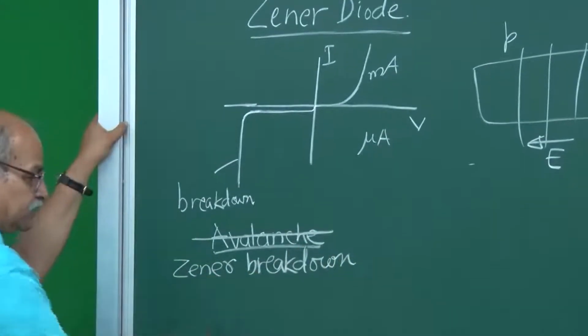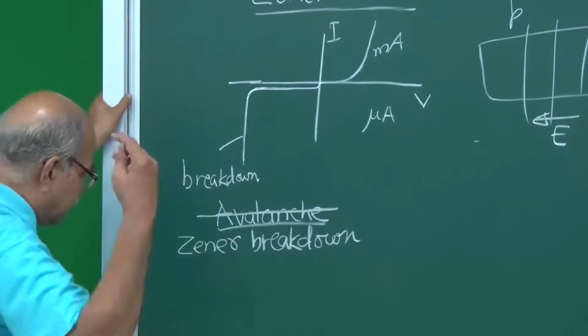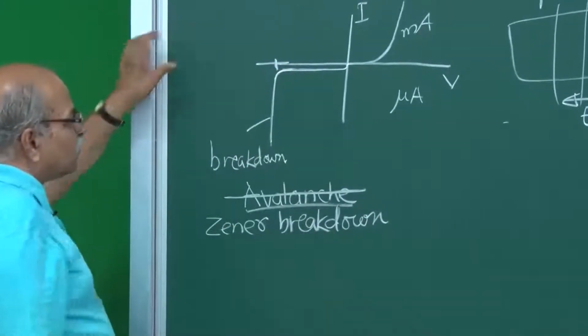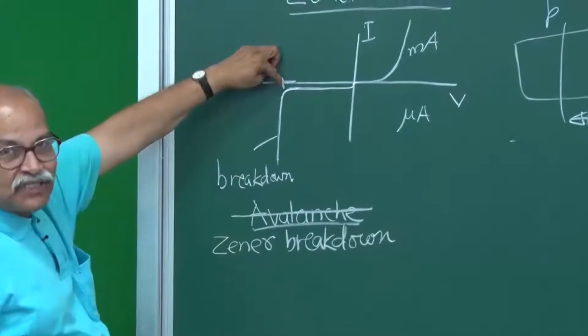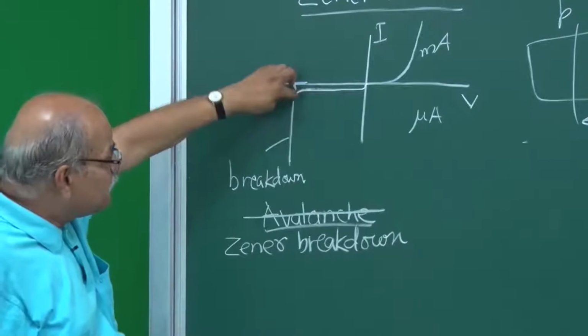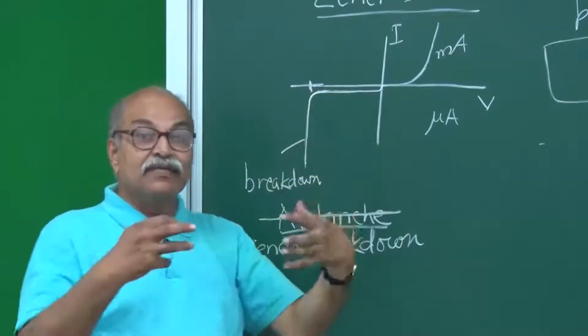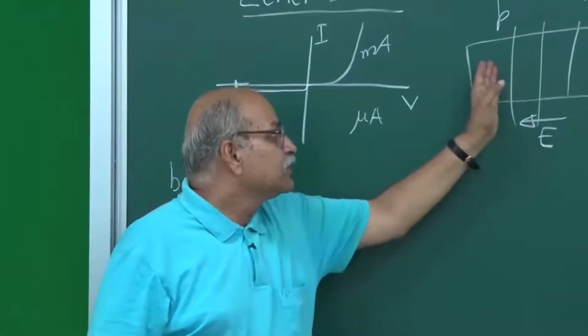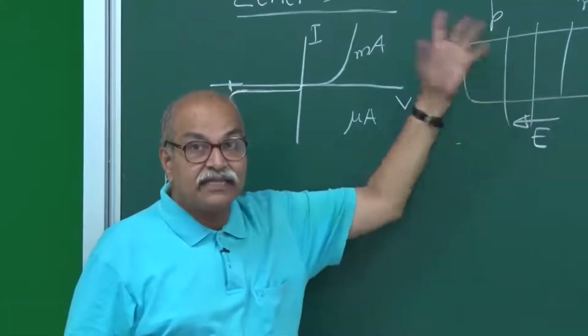And the interesting part is that breakdown occurs at an almost sharply defined voltage. Okay, and what that voltage is, that can be controlled by the diffusion, the concentrations of impurities, and so on.